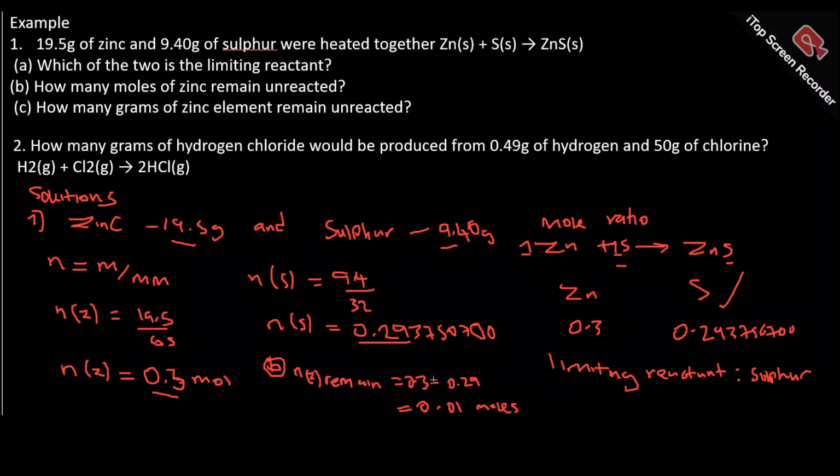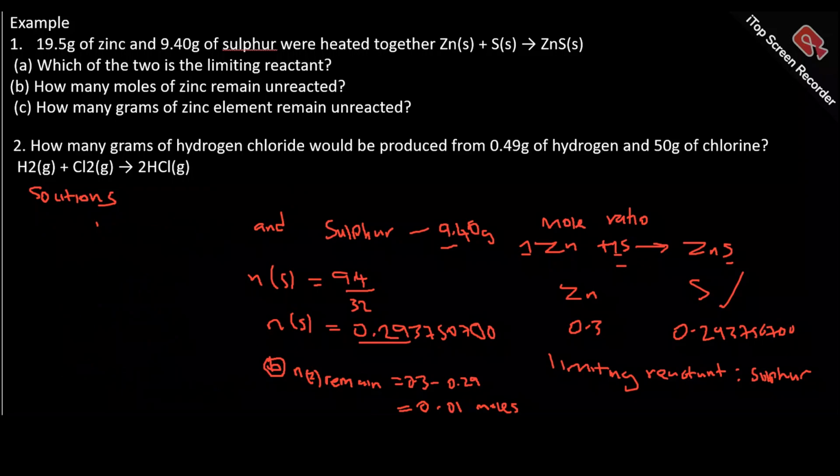What am I talking about? What I'm talking about is this. We have the number of moles of zinc which remained unreacted, that is 0.01 moles. You're going to use the number of moles to find the grams which remain unreacted. Instead of using the mass, you get this one minus this one. It's going to give you a wrong answer.